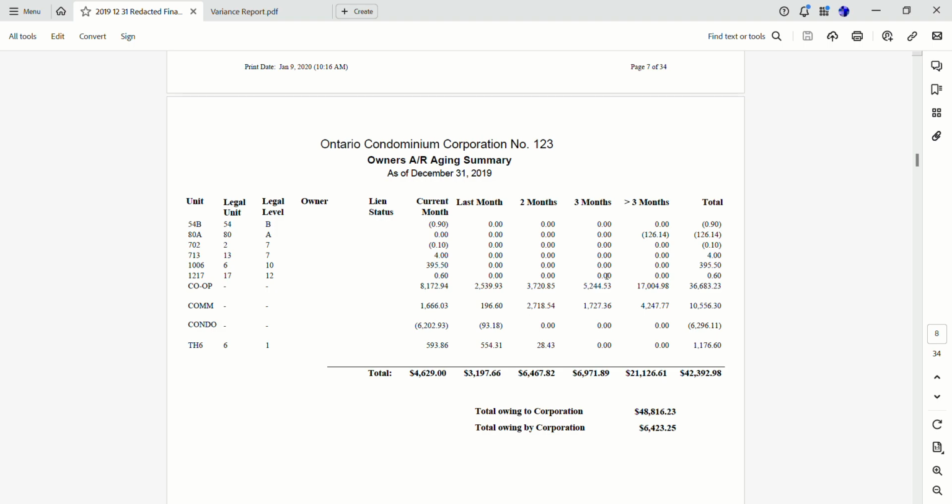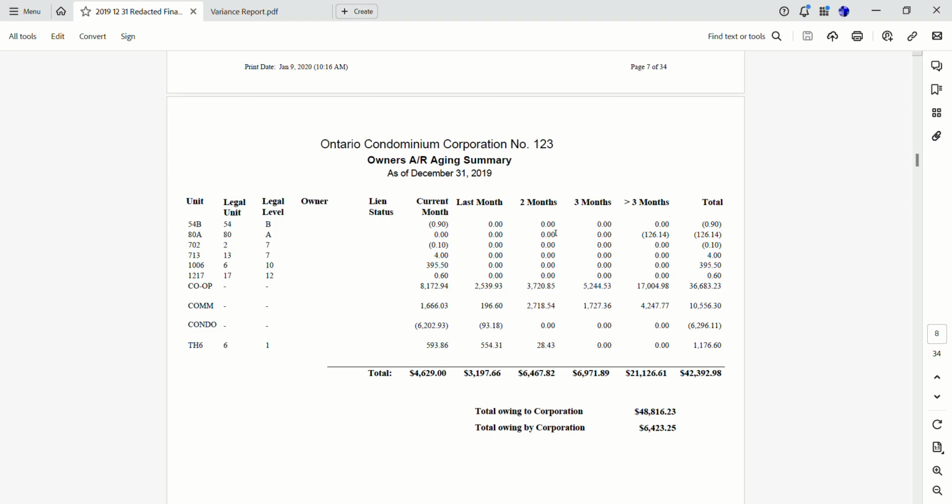Given this timeline on the table, the corporation has 90 days to register a lien to have the legal right to get paid by the third party who owes money to the corporation.